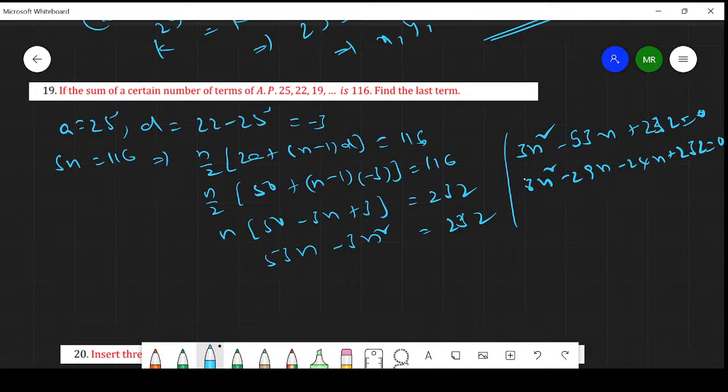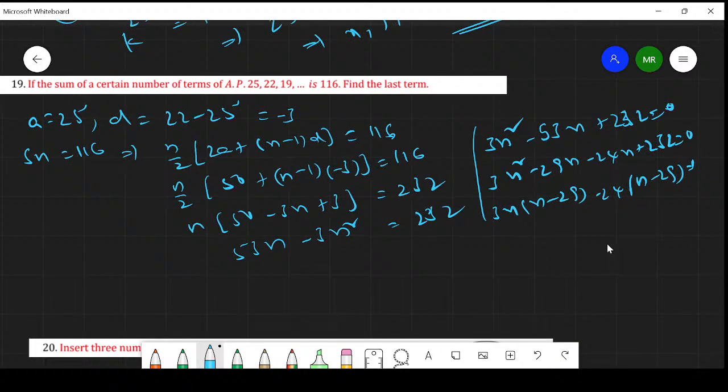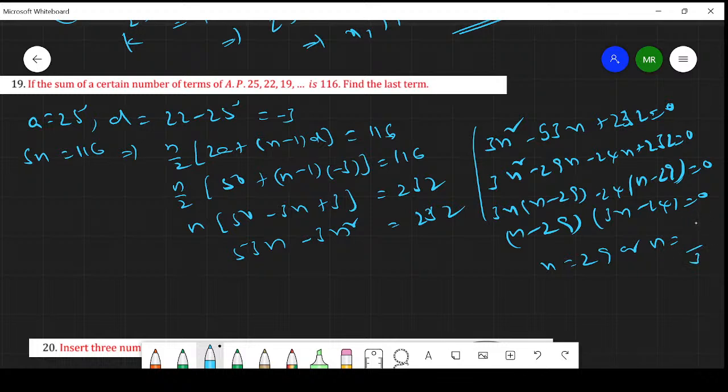I can take 3n common here: 3n into n minus 29, and take minus 8 common, n minus 29, equal to 0. Again, n minus 29 is common, into 3n minus 8. So n is equal to 29 or n is equal to 8 by 3.